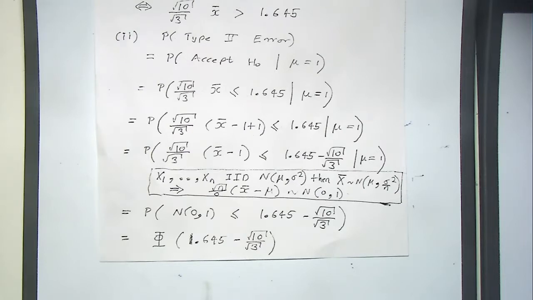The halfway point between 1.64 and 1.65 is 1.645. If it were this number, it would be 1.945. Yeah.